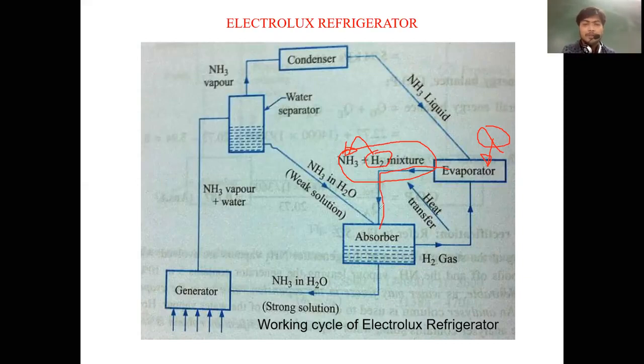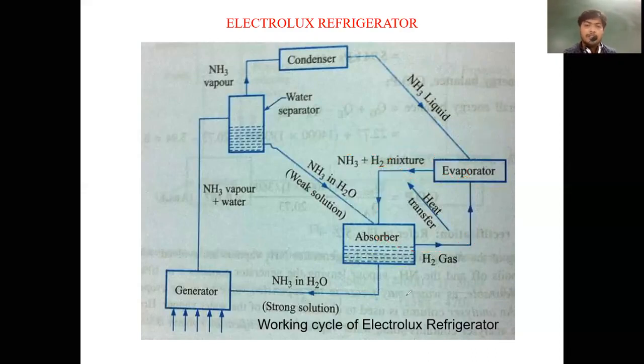In the absorber, low temperature water is there, so ammonia is mixed with water and makes a strong solution. But H2 gas cannot mix with the water, so it is separated and, because of the density difference, returns to the evaporator. This is the function of H2.